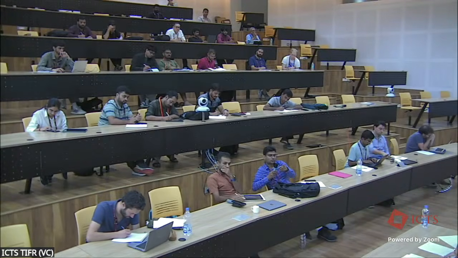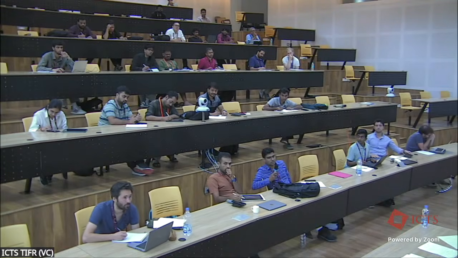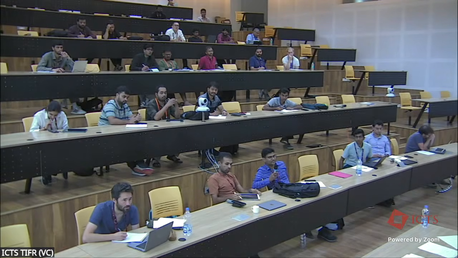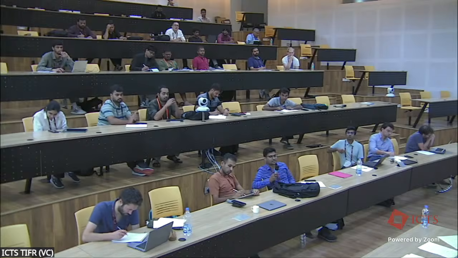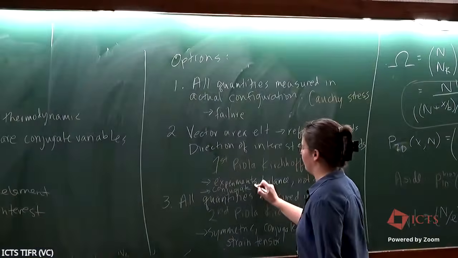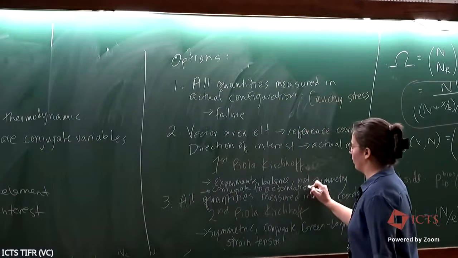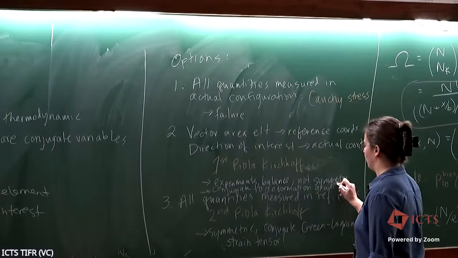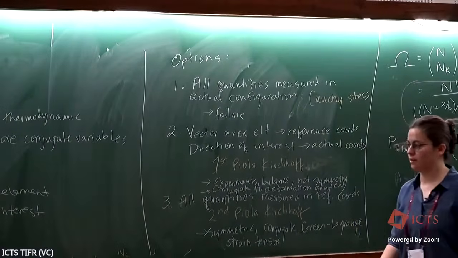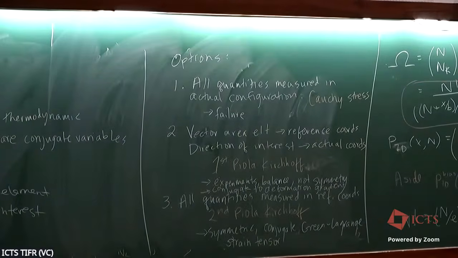Actually, I want to also make a comment that the first Piola-Kirchhoff stress tensor is conjugate to the deformation gradient. Yes, this is a nice comment to include. One way that you can think about these conjugate strains is to think about what variables you had to keep track of when you were building the strain.